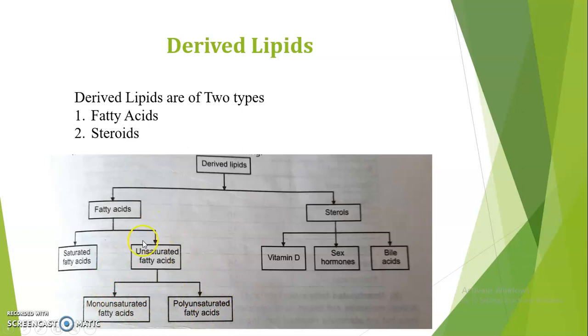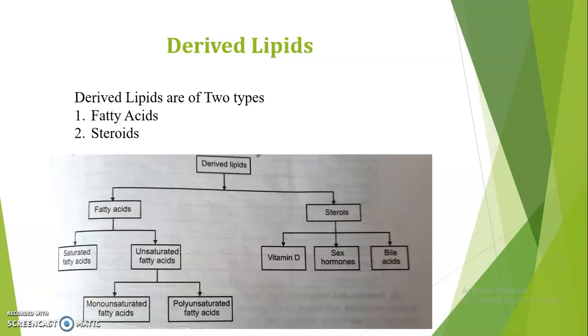Unsaturated fatty acids consist of either double or triple bonds. Depending upon the number of double bonds, they are classified into monounsaturated, meaning they have only one double bond or a triple bond, and polyunsaturated, meaning they consist of a larger number of double bonds.